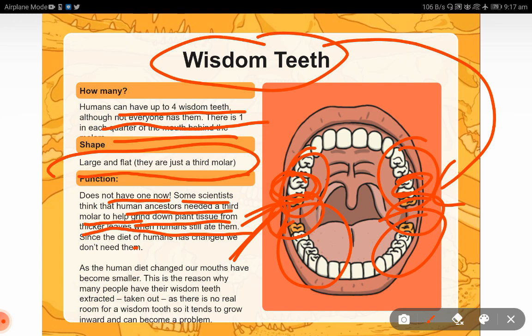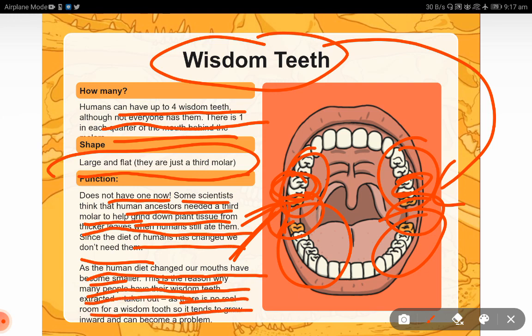But since the diet of humans has changed, we no longer need the wisdom teeth. As the human diet changed, our mouths have become smaller. This is the reason why many people have their wisdom teeth extracted, as there is no real room for a wisdom tooth, so it tends to grow inward and can cause a problem.